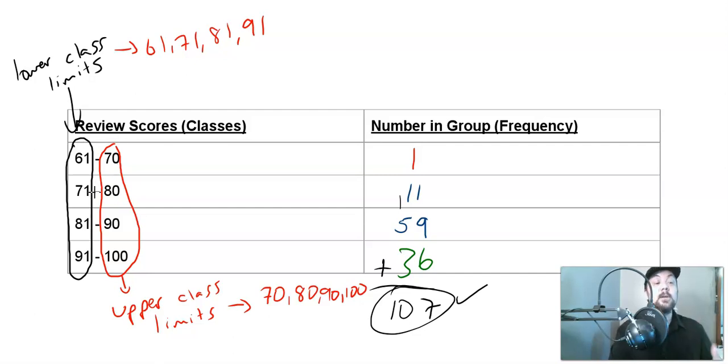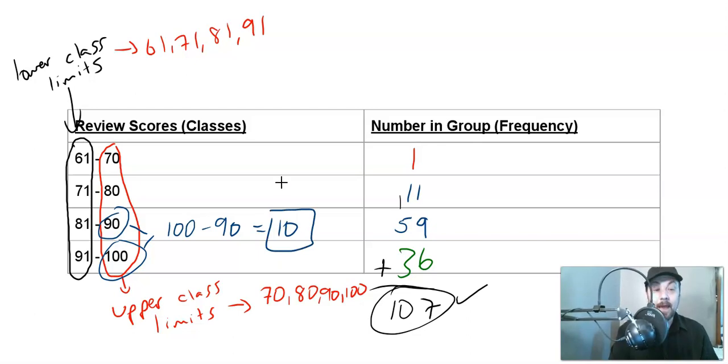So you want to take two consecutive upper class limits. Maybe we could take this one and this one. Consecutive means back to back or in a row or side by side. So we'll take these two and take the difference. 100 minus 90 gives me a difference of 10. That is my class width for this frequency distribution.